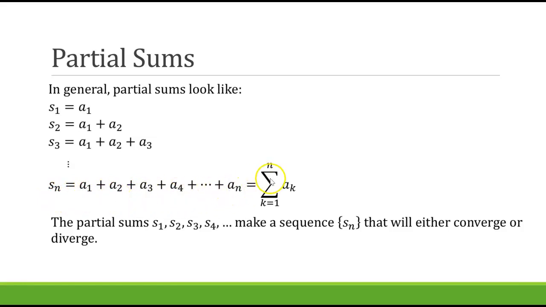As these start to get longer, we can write them in summation notation. Here we're going from k equals 1 to n of a sub k. The partial sums, S sub 1, S sub 2, S sub 3, S sub 4, themselves make a sequence. This is a list of numbers. So we have this new sequence, S sub n, that will either converge or diverge.